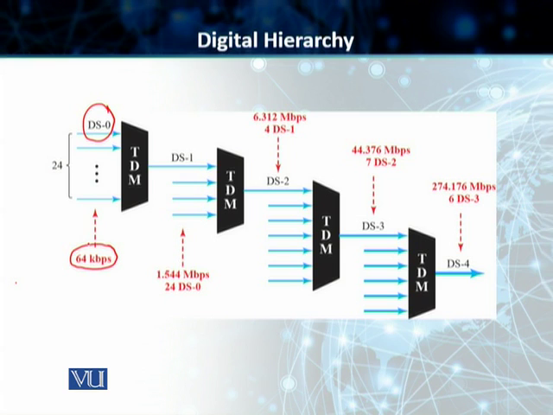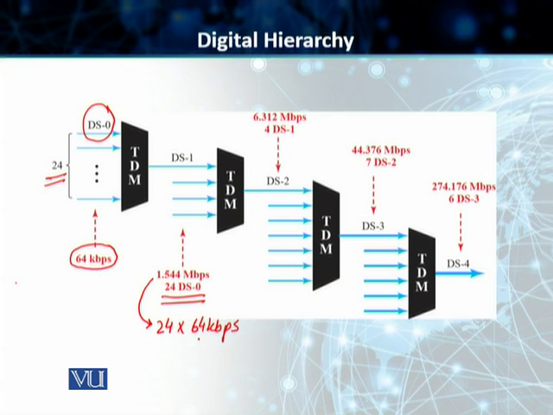Students, we combine 24 DS0s to make one DS1. And 24 DS0s, as you can see down here, makes one DS1, and DS1 is a 1.54 megabits per second service. Students, it is essentially 24 multiplied by 64 kilobits per second. So this 1.54 megabits is 24 channels multiplied by 64 kbps.